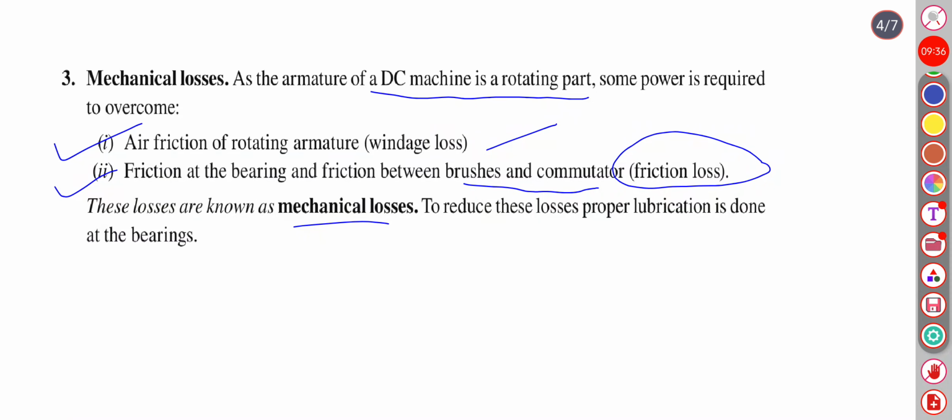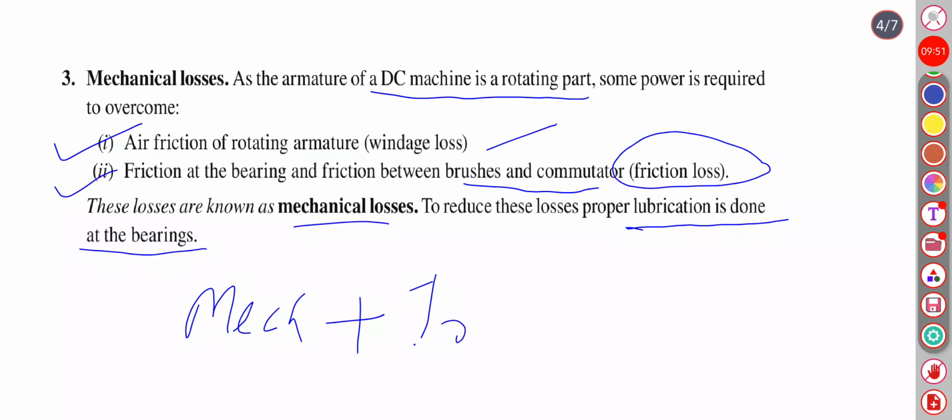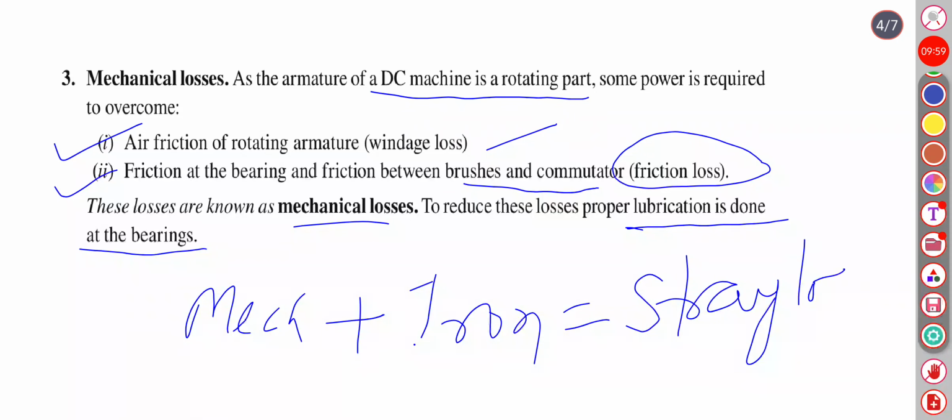To reduce these losses, proper lubrication is done at the bearings. So mechanical losses plus iron losses equals stray losses.